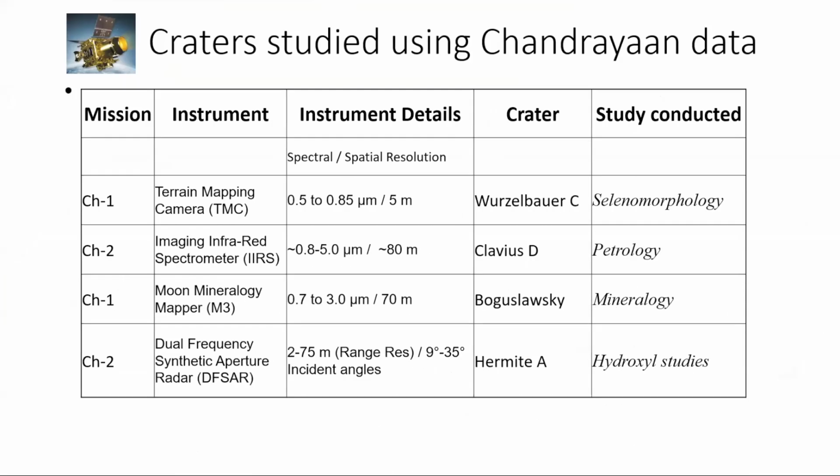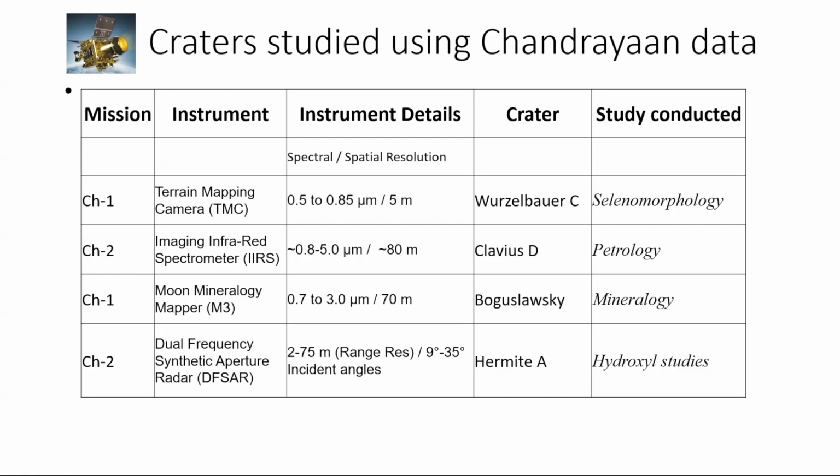The Chandrayaan data which we have used: one is for Wurzelbach C. We did a study of morphology of the crater, the depth of the crater, the width of the crater, the rims and ejecta, and also studies using the Terrain Mapping Camera. The Terrain Mapping Camera is a triplet, which means it has a fore camera, an aft camera, and a nadir camera. It has a 5-meter resolution and is panchromatic, covering the range of 0.5 to 0.85 micrometers.